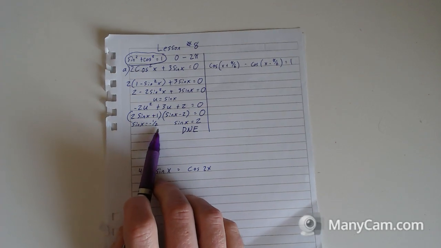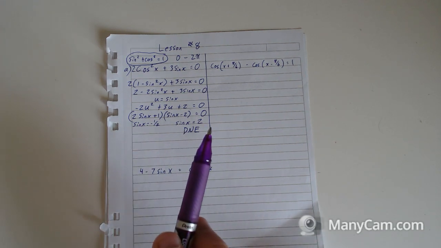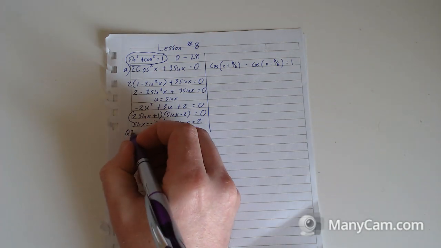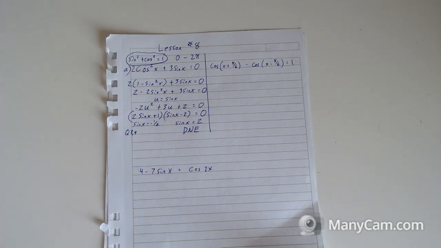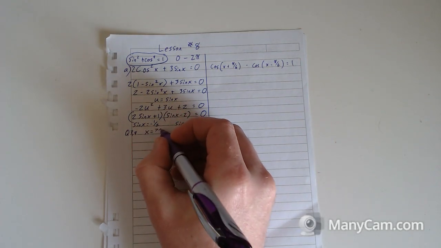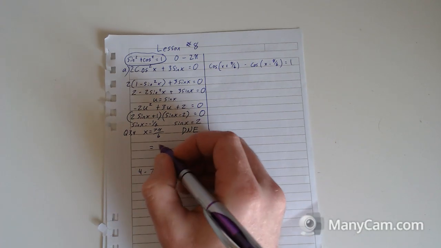But this one over here we can solve. It should be in quadrants 3 and 4, and the solutions should be 7 pi over 6 and 11 pi over 6.